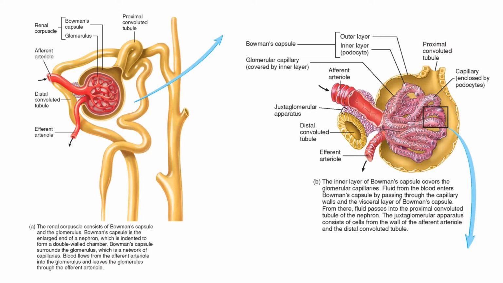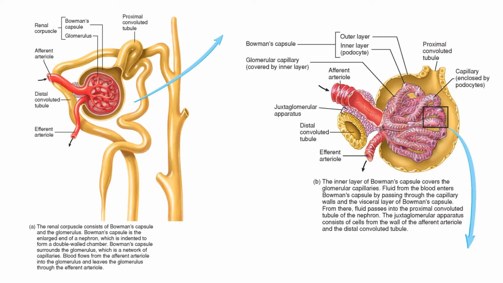Having a bigger picture of your renal corpuscle, here you would see that the Bowman's capsule has an outer and inner layer. The outer layer is formed of flat cells, and the inner layer is made up of your podocytes. In the inner layer of your Bowman's capsule that covers the glomerular capillaries, fluid from the blood enters the Bowman's capsule by passing through the capillary walls and the visceral layer of your Bowman's capsule.